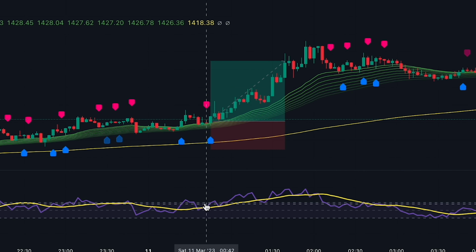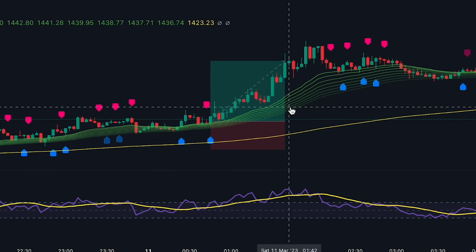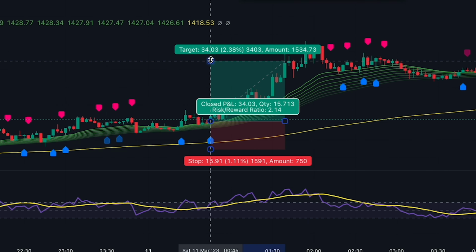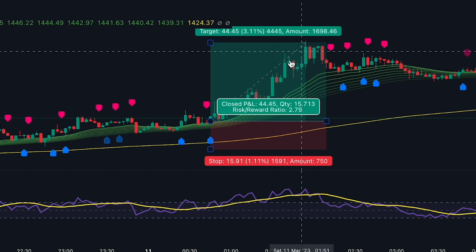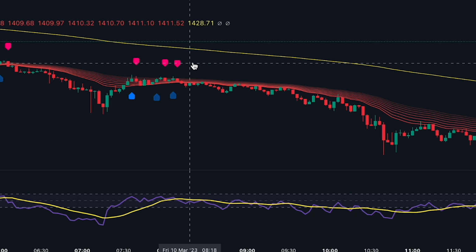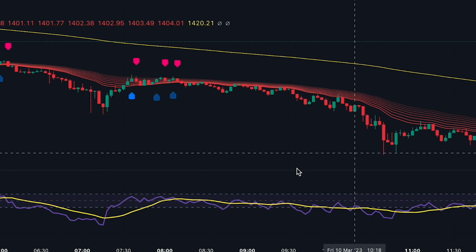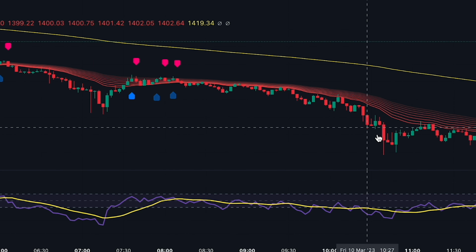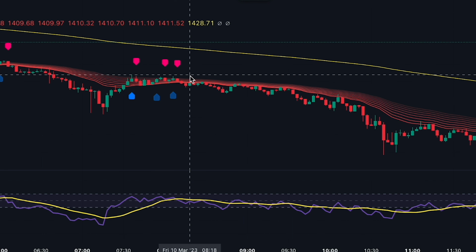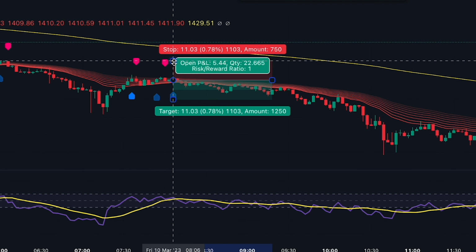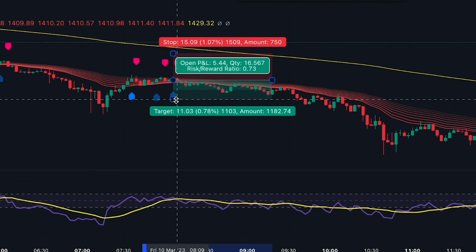Set your stop loss below the most recent swing low. Once you have earned 50% of the target profit, double the risk and set the stop loss at the break-even point. Do the reverse for short trades and wait until the price and the ribbon drop below the 200 EMA. Wait until the RSI is overbought and the ribbon turns red before looking for a sell indication from machine learning.